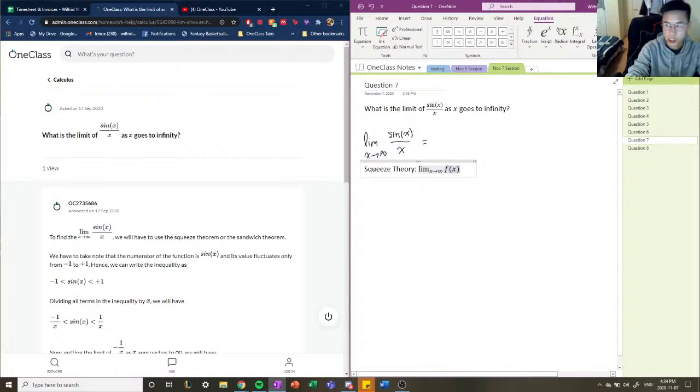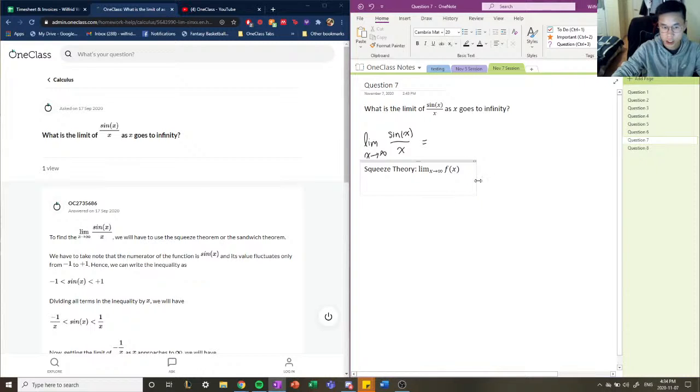Okay, but this function is very hard to use our normal limit techniques on. So instead, we can find two simpler functions to squeeze f of x between.